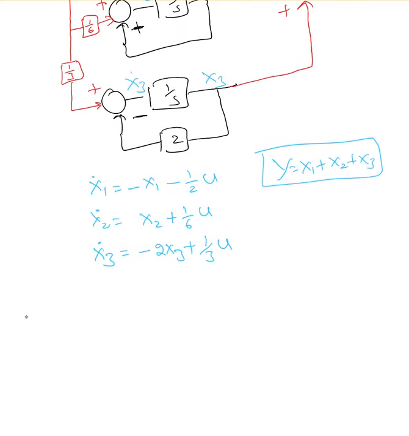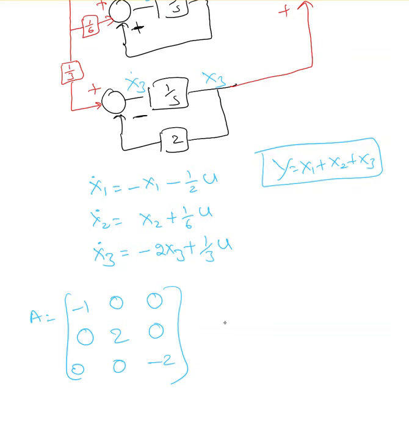Now if I write it down in the matrix format, A equal to minus 1 0 0, 0 1 0, 0 0 minus 2.